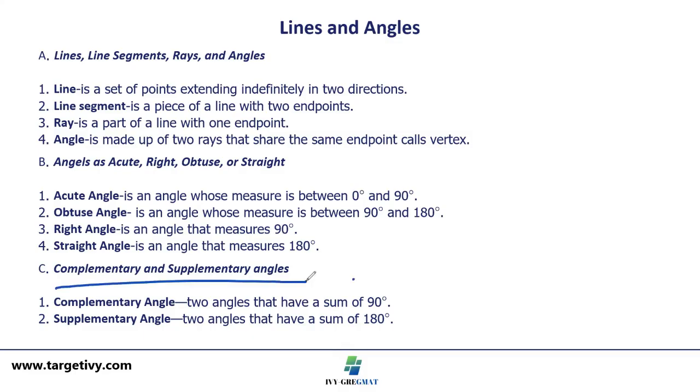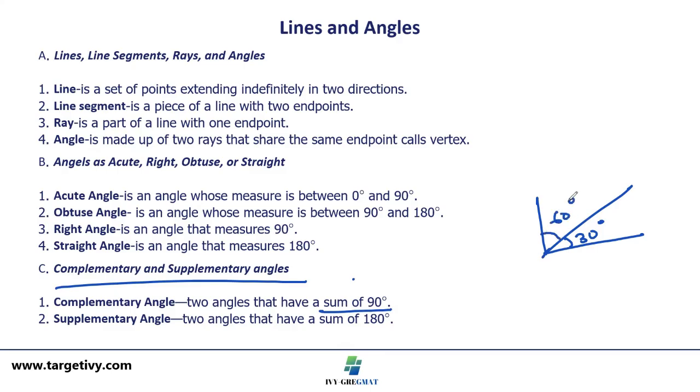Now, complementary and supplementary angles are very commonly used terms. Complementary angles are two angles that have a sum of 90 degrees. Say one angle is 30 degrees and the other is 60 degrees.